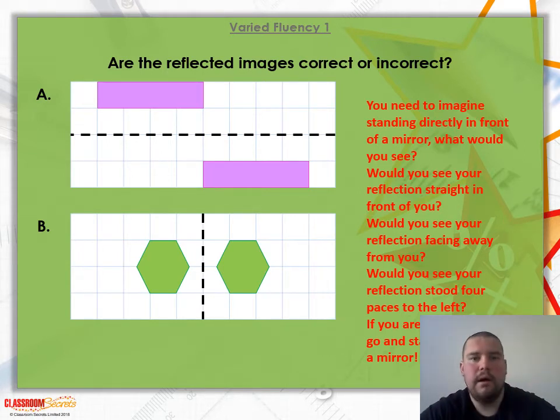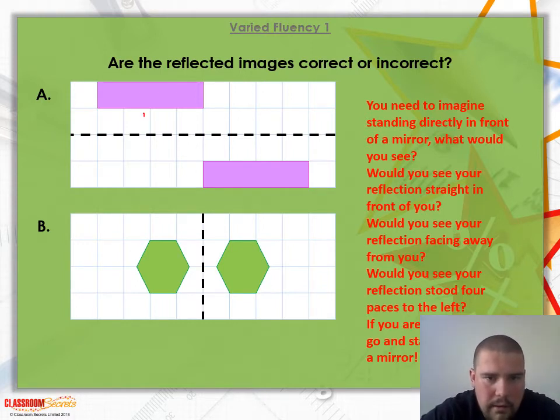So are the reflected images correct or incorrect? If we look at A, and we are seeing that it's 1 square away from the reflection line, that means that it needs to be 1 square away this side. So if we take this point here, that would be reflected there because it's 1 square away from the reflection line, and then 1 square away over here. This up here would be another 1 square there.